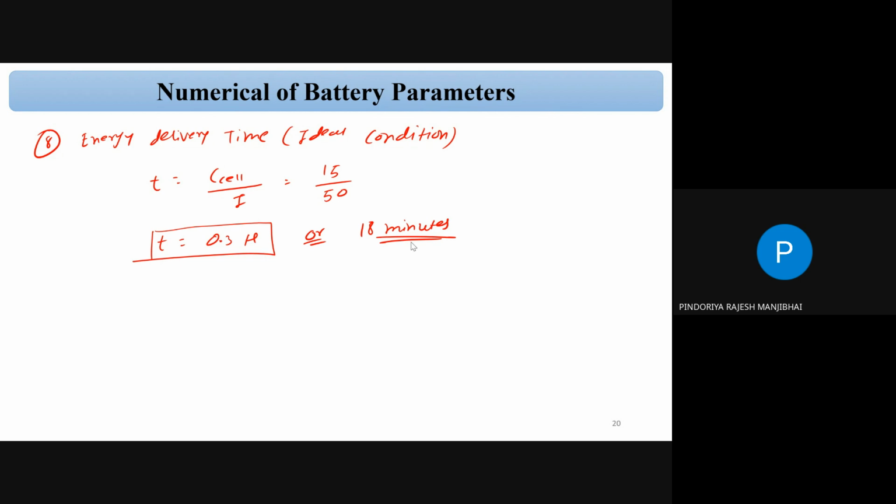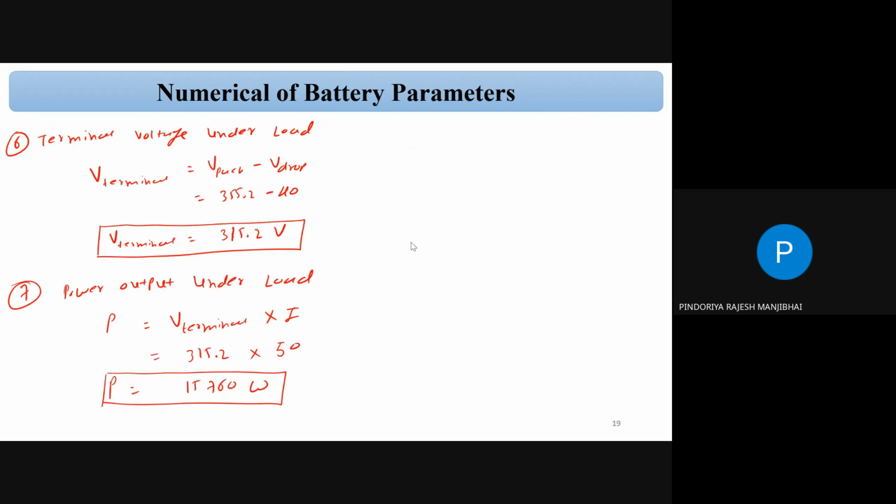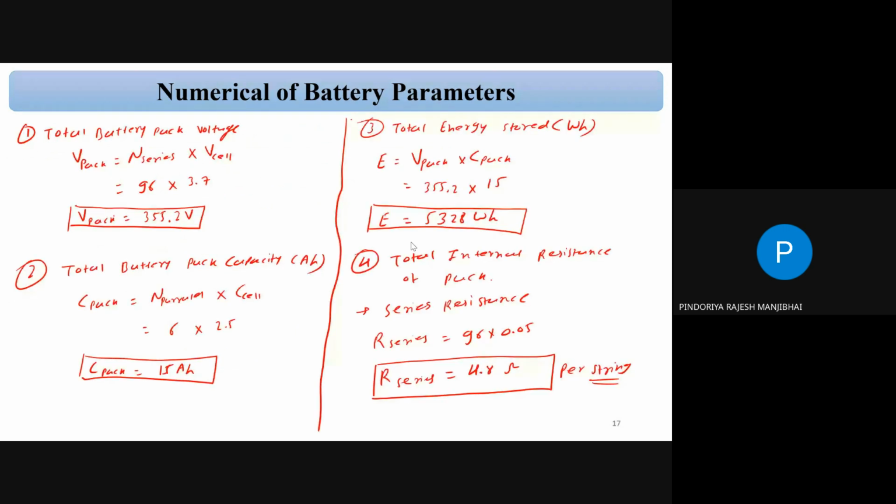So these 8 parameters we have to calculate. Total battery pack voltage: V pack equals N series into V cell. Then we have to calculate the total battery pack capacity in ampere hour, so N parallel into the cell current rating.